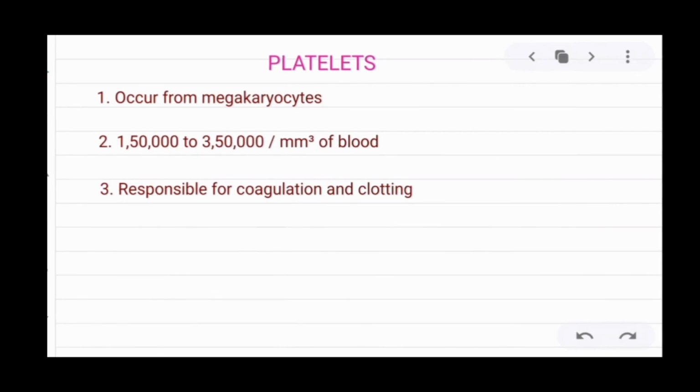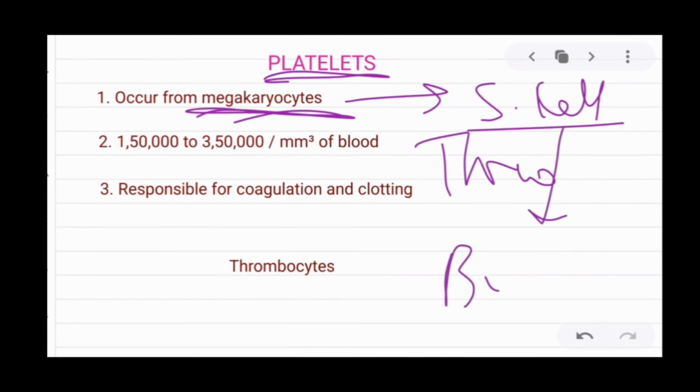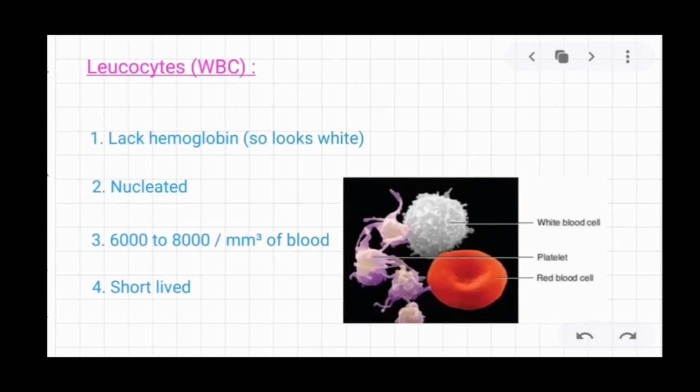So thrombocytes occur from the megakaryocytes, and the megakaryocytes are a special type of cells in bone marrow, and they count from 1,50,000 to 3,50,000 per millimeter cube of blood, and they're responsible for the coagulation and clotting of the blood. The appearance of the platelet is given in this image. You can see here how the platelets look.